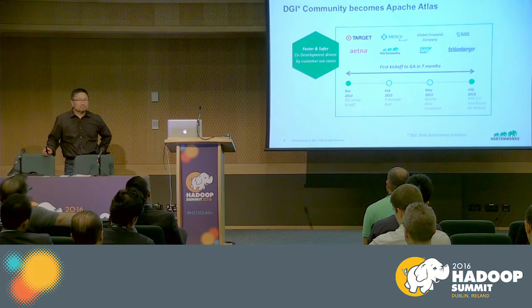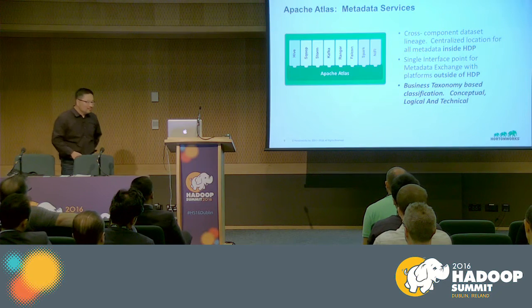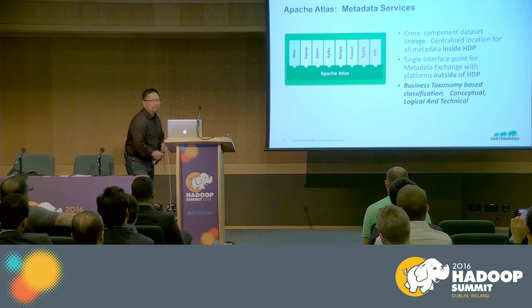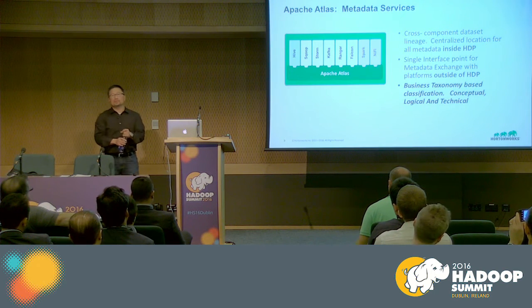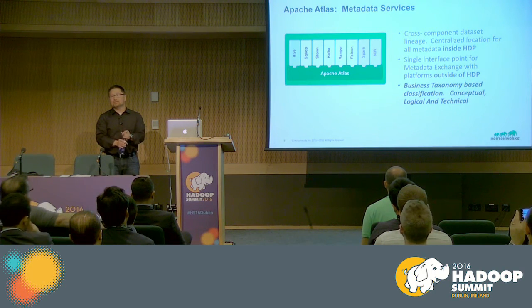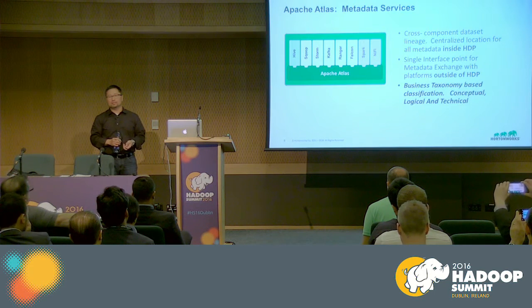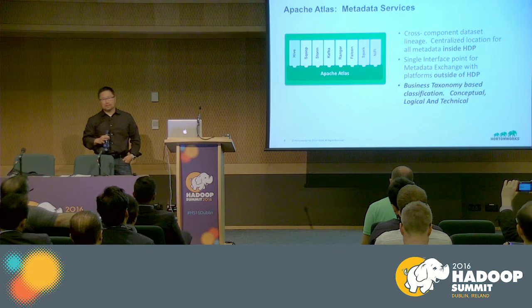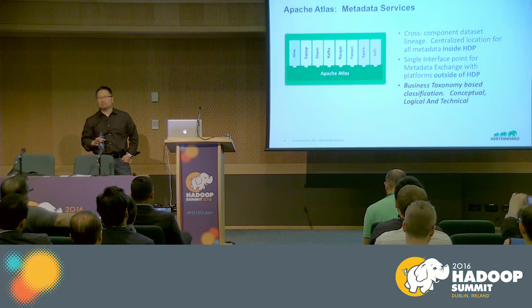All right, so what does Atlas provide? Well, what we really want to do with Atlas, as I mentioned earlier, is to provide that continuity, to be able to use metadata to really orchestrate and bring rationality to all the different components within Hadoop, right?